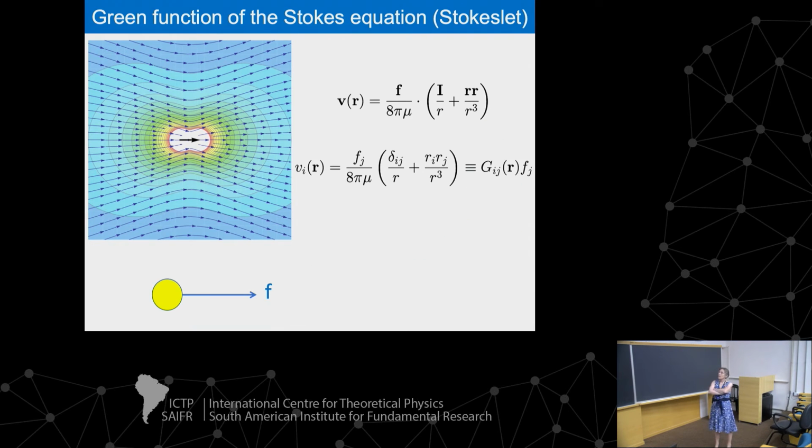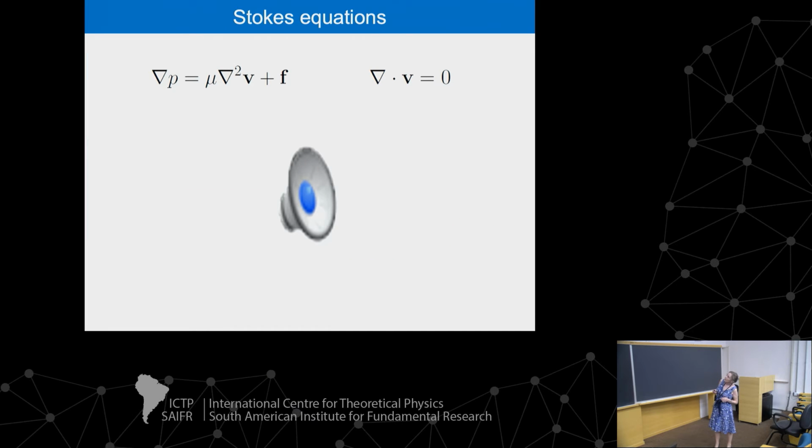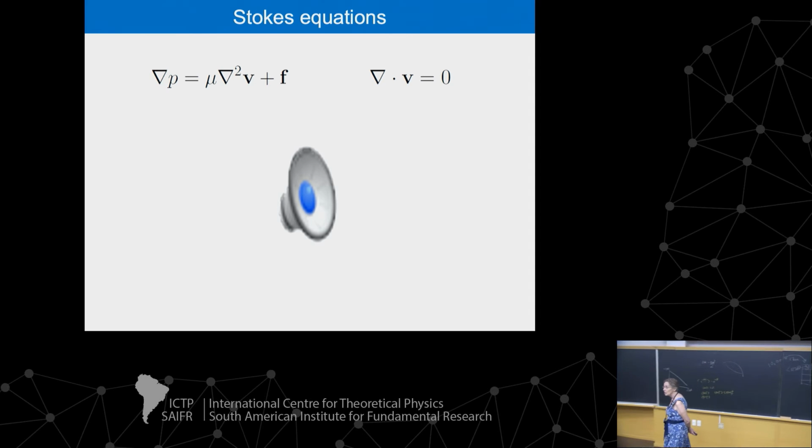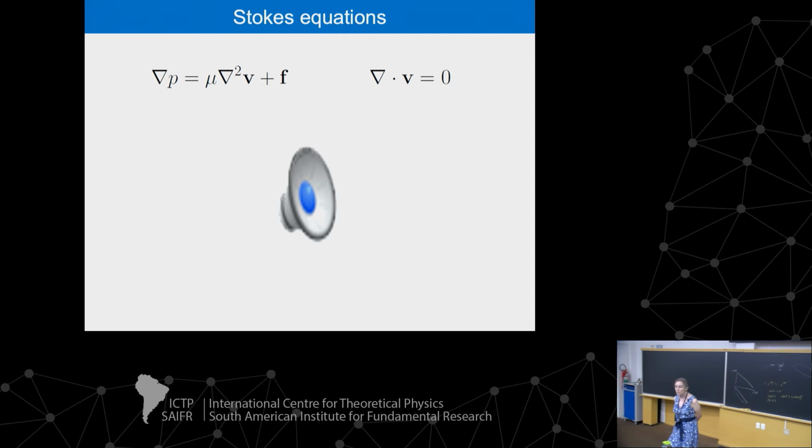In terms of what I'm going to talk about, that's cute, but it's a bit irrelevant. There's another property of these equations which is actually far more useful for the active matter and far more important. And that is that these things are linear.